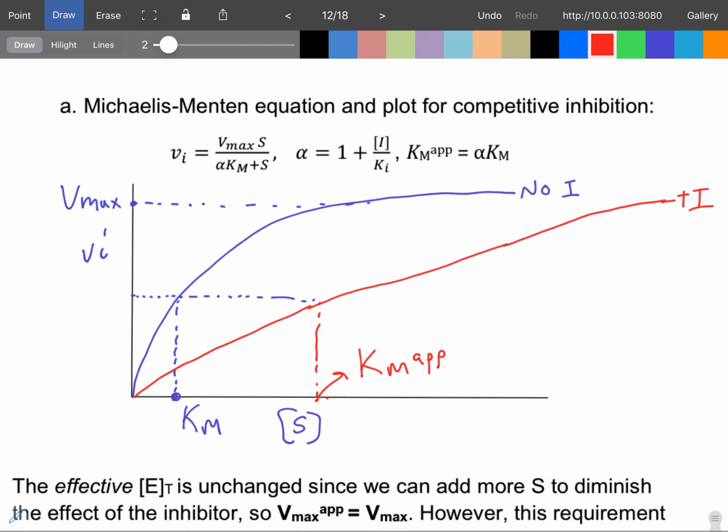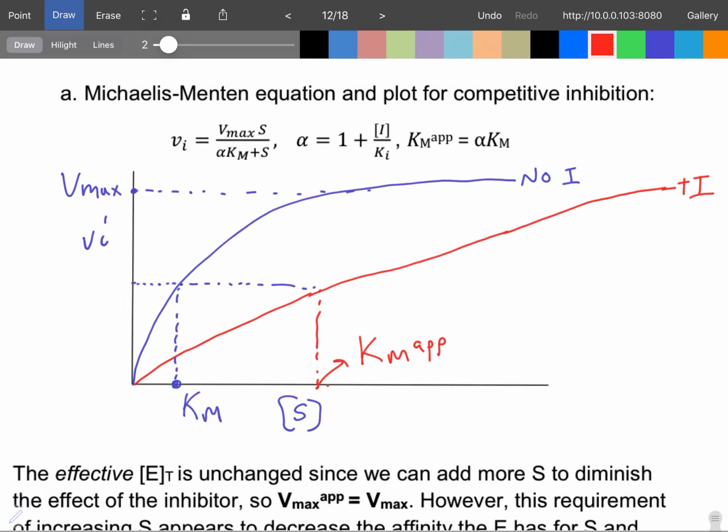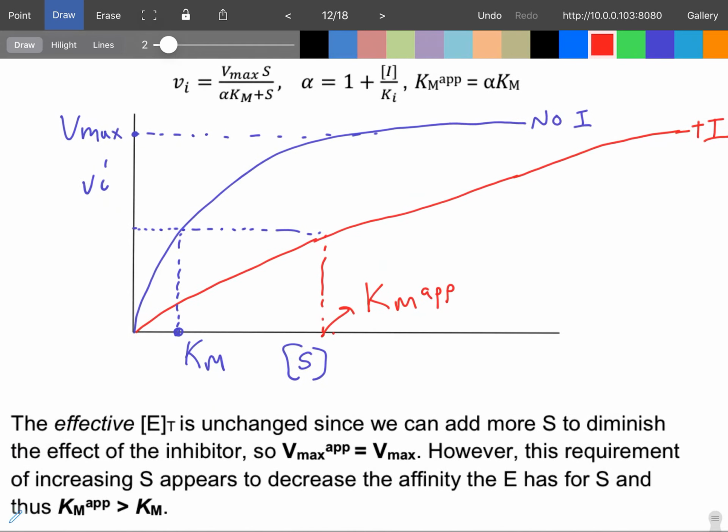Why is that? Well, first let's look at the fact that the effective enzyme concentration is unchanged. Because we can add more substrate to diminish the effective inhibitor, we have no change in Vmax versus Vmax apparent. But the requirement to increase the substrate concentration to make that happen appears to decrease the affinity that the enzyme and the substrate have for each other.